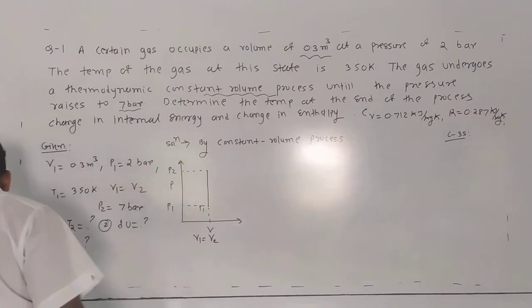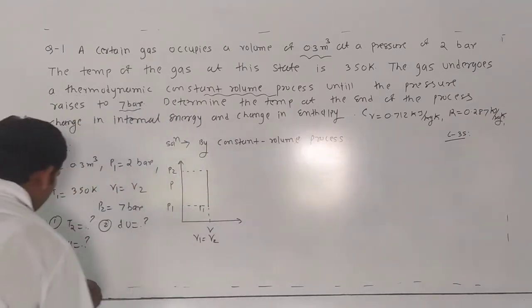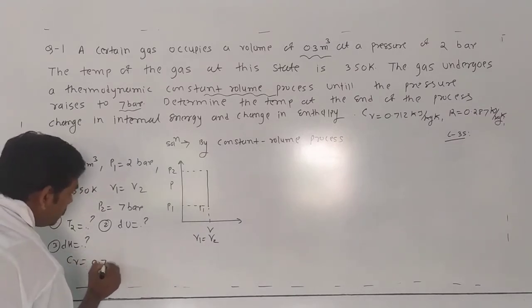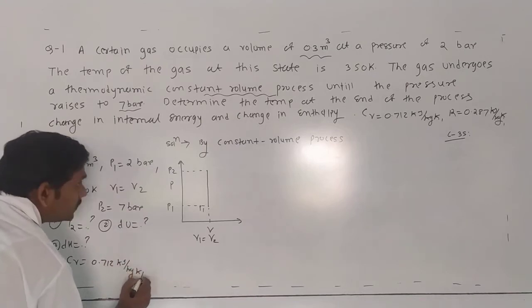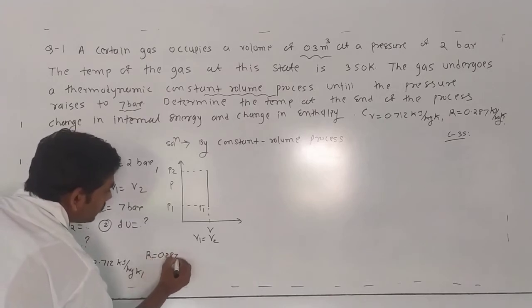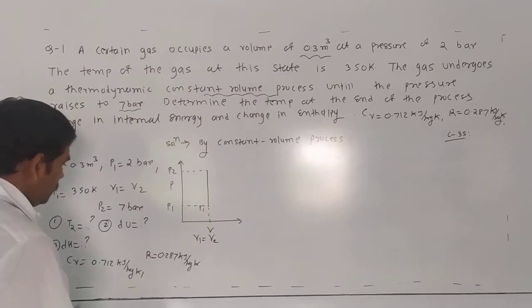Let us solve the problem to determine the value of T2. Before that, the value of Cv is given in the problem. Cv is 0.712 kilojoule per kg Kelvin. The value of R is also given, 0.287 kilojoule per kg Kelvin.